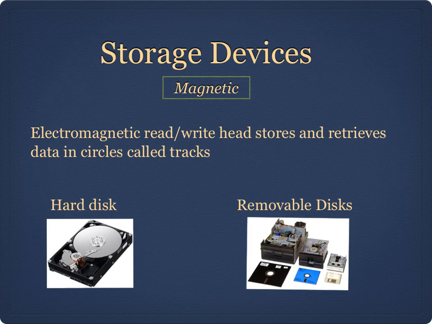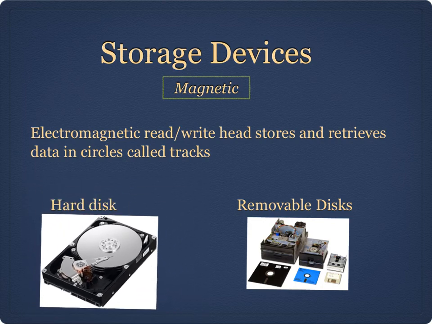Types of magnetic storage media include hard disks, magnetic tape, 3.5-inch disks, and zip disks. Hard disks, or hard drives, as shown here, are used to store data inside the computer. The internal hard disks provide 2 advantages: speed and capacity.